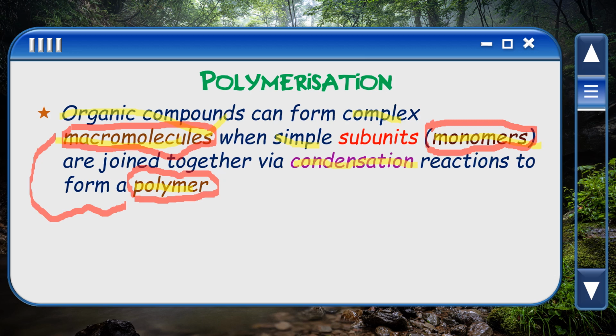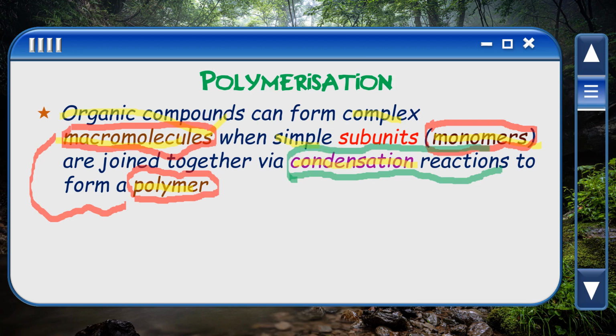And that process is a condensation reaction. As we have seen earlier, a condensation reaction involves combining a monomer and a monomer, and we release a water molecule. When we release the water molecule, that reaction becomes a condensation reaction.